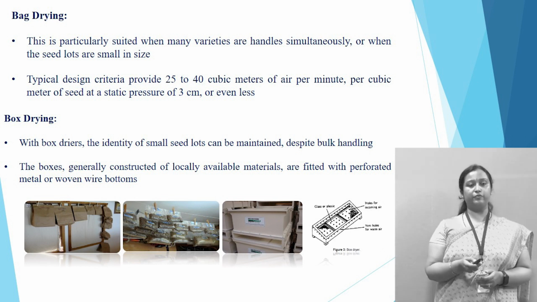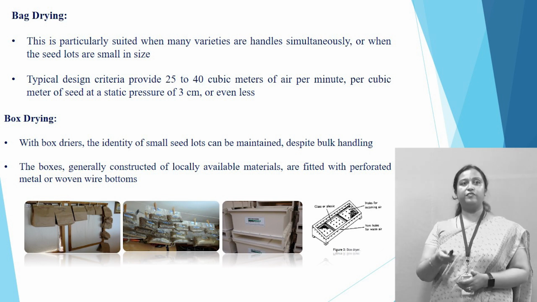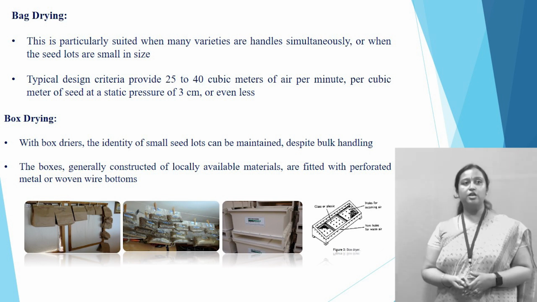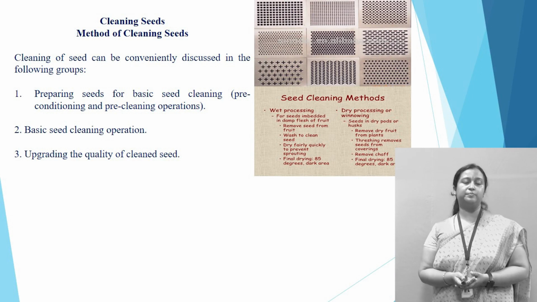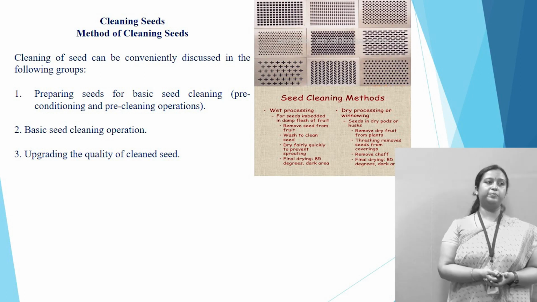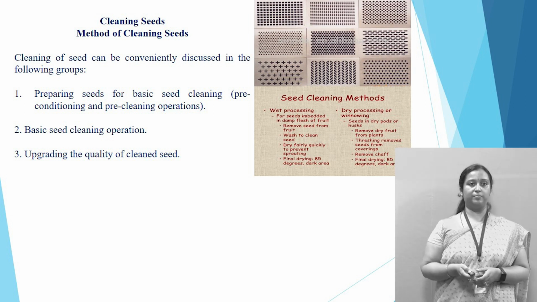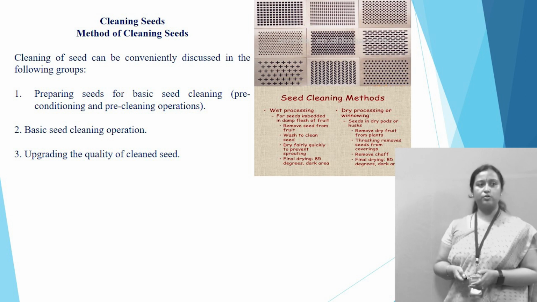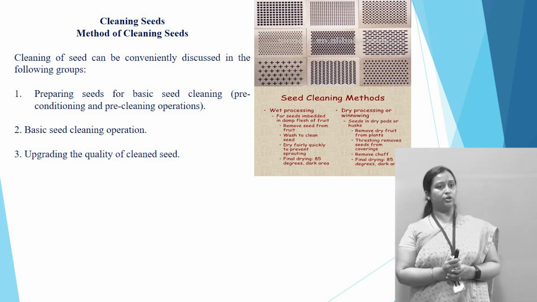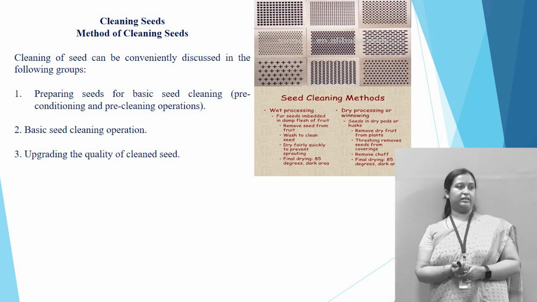And sometimes perforated meshes or sieves are used, as you can see in the picture. Different sizes and shapes of sieves are used to separate the seeds according to size and shape. And then after pre-conditioning, basic cleaning operations are done, as you see in this picture, wet processing and dry processing. So all these are some processes of cleaning of the seed, which I'm not going to study in detail.